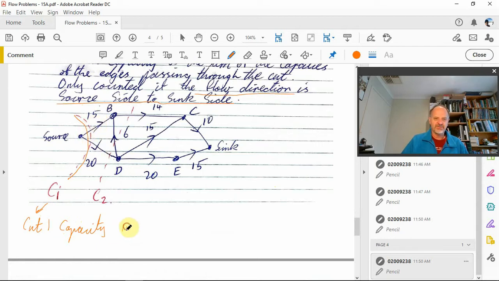So capacity is 15 plus 20 equals 35. If you're looking at the notes on the internet, there's more details in the notes. I'm just working through. You'll notice that I made a mistake there. 15 plus 20 is 35, not 30. Just a tip for you. So there's our cut capacity.